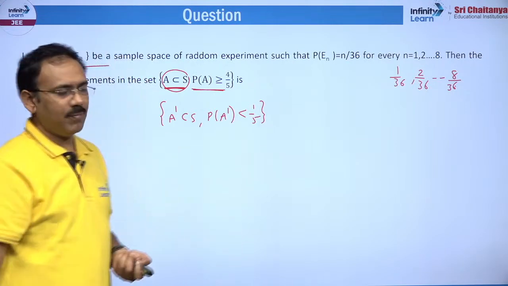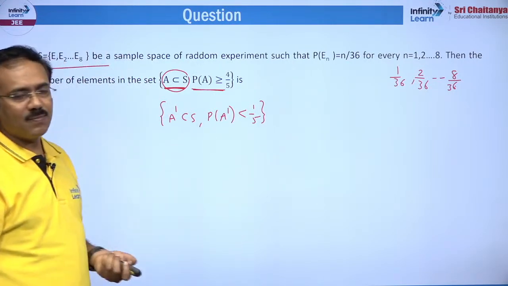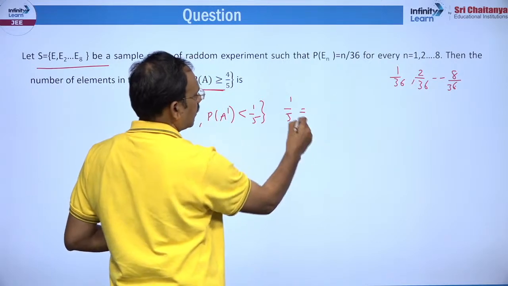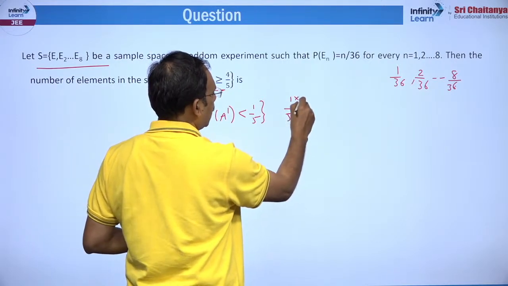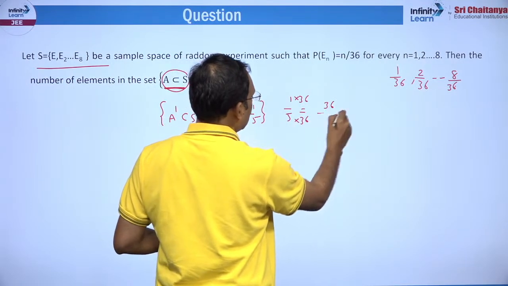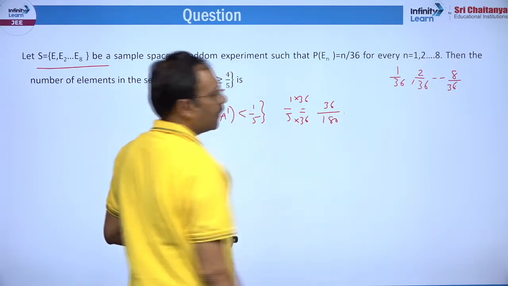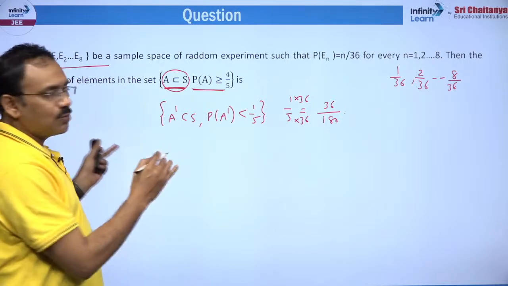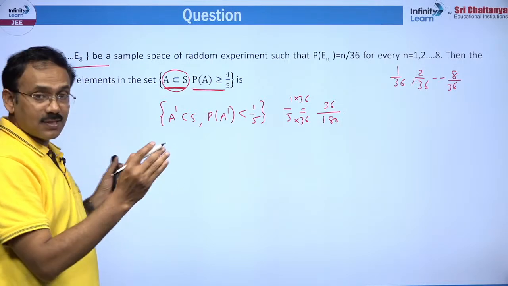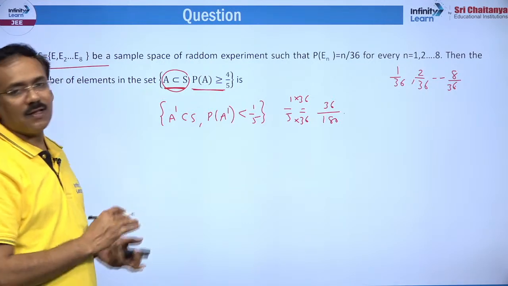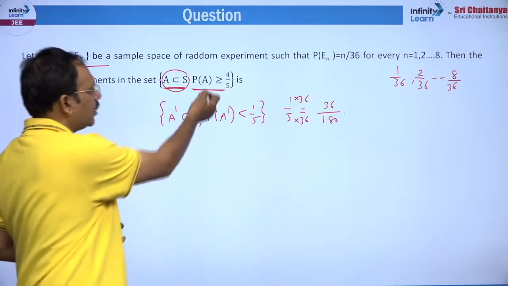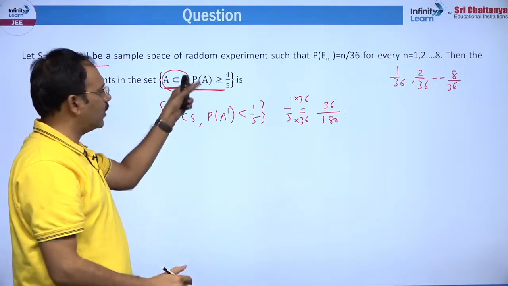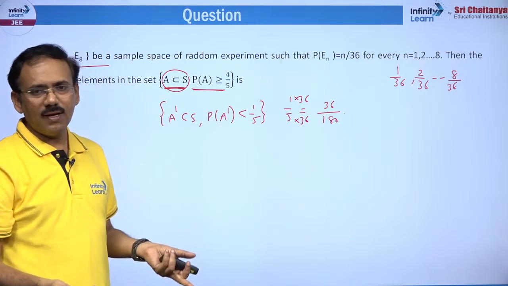Both will be the same, but rather than counting that, this is better. 1 by 5, since all have 36 in the denominator, you can say 36 by 180. So, we have to take those subsets, E1, E2 and so on, where the sum of the probabilities is less than 36, and its complement is going to be on the other side. Whenever you take such a set here, its complement is going to be here. So, both will be the same in number.